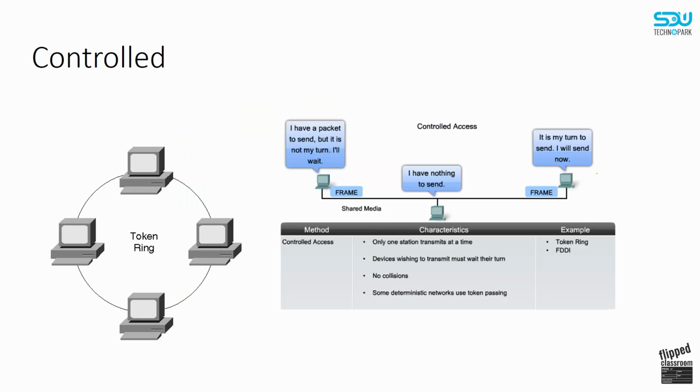And token ring is one example of the controlled media access control method, in which all devices are connected in a circle. Each network interface card has 2 ports, one input and one output port.